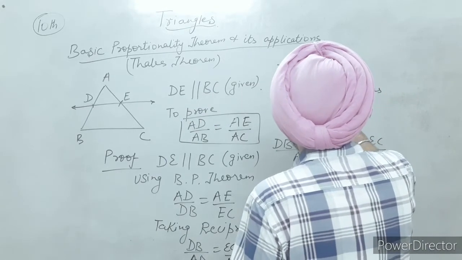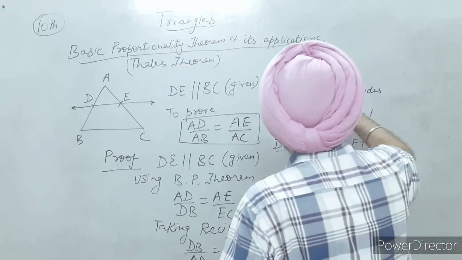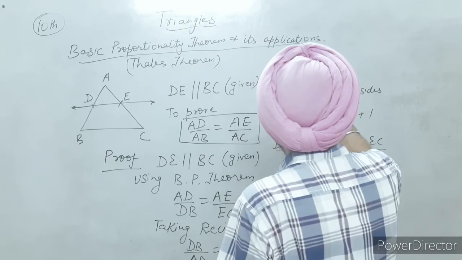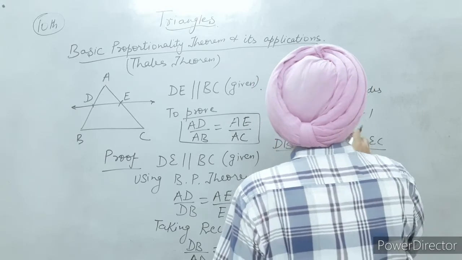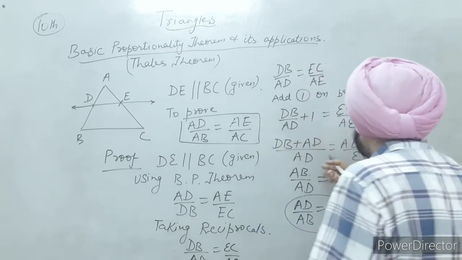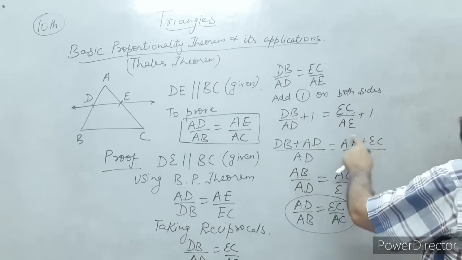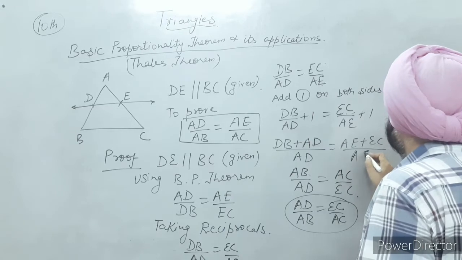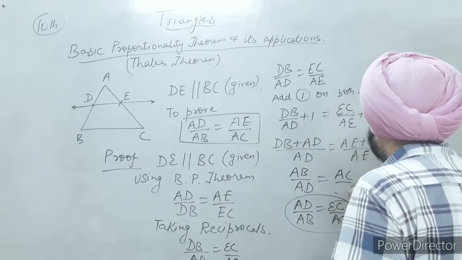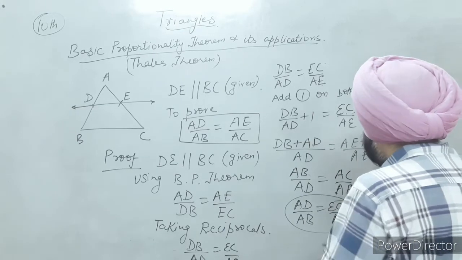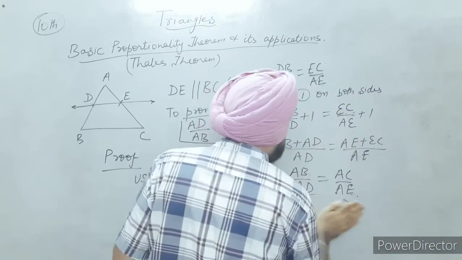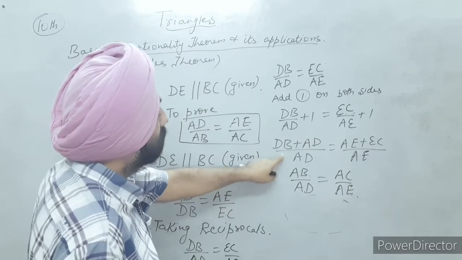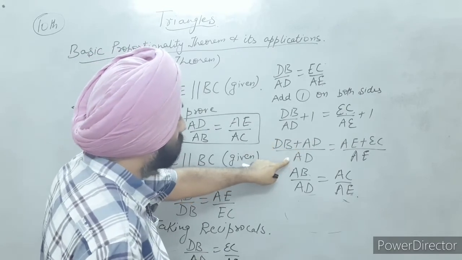EC plus AE divided by AE, and DB plus AD divided by AD.